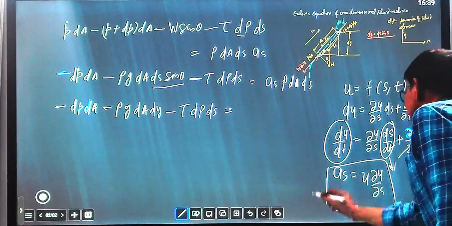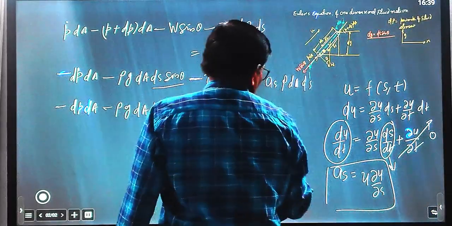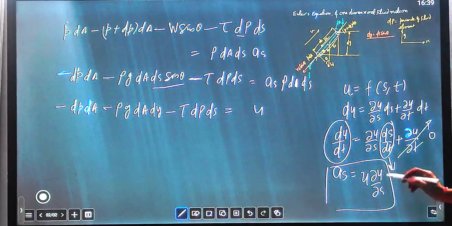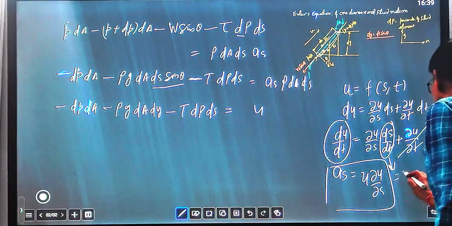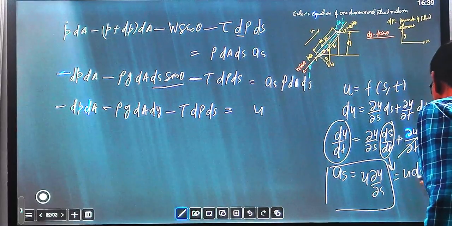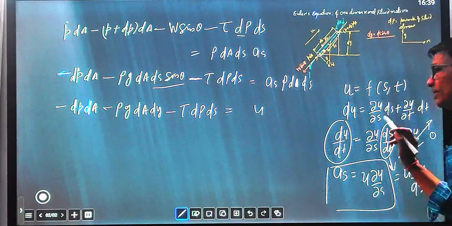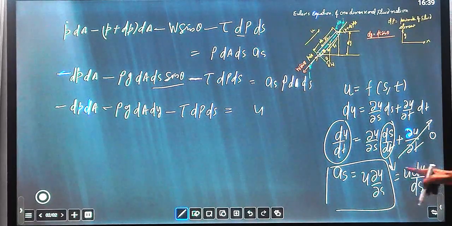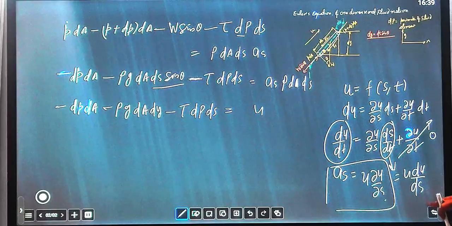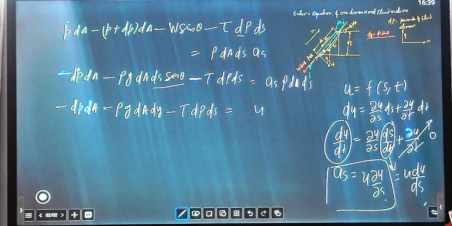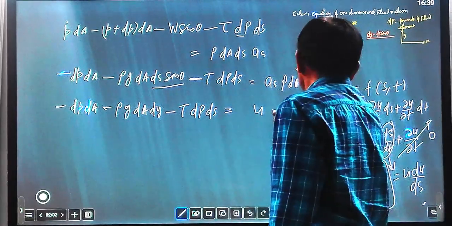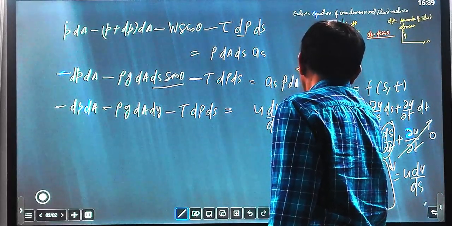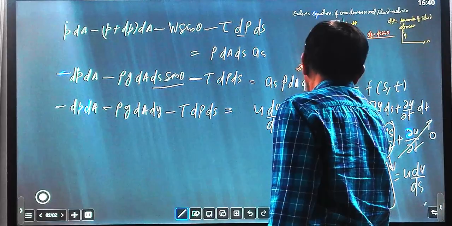Putting the value of as in this equation, we can write del u over del s as du over ds, because there is a single variable u varying with respect to only s, so we can write del u over del s equal to du over ds for simplicity of calculation. So u du over ds into rho into dA into ds.